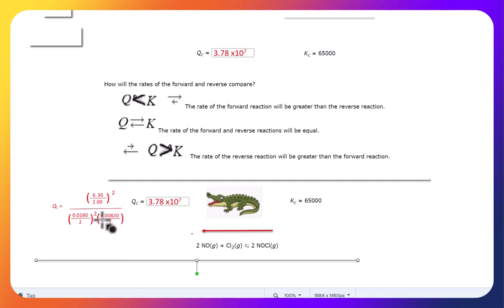We could do a minus 2x and a plus 2x and figure it out until finally all the concentrations are such that when we take the concentration of the NO squared and divide it by the concentration of the NOCl squared and the Cl, we'll end up getting 65,000. So that's our equilibrium expression and problem.